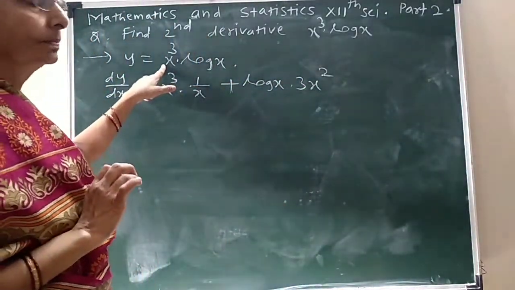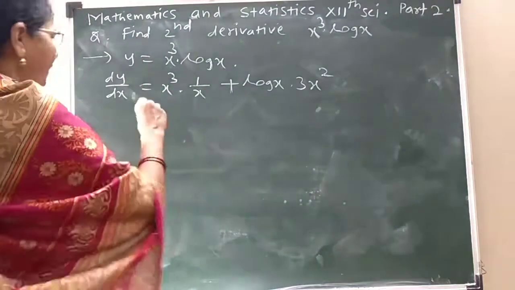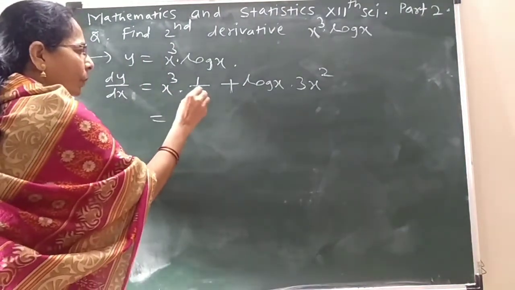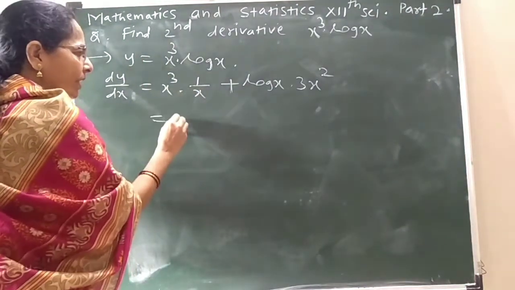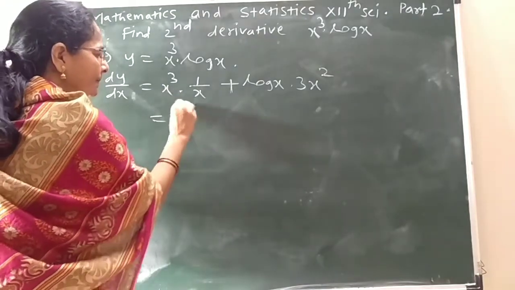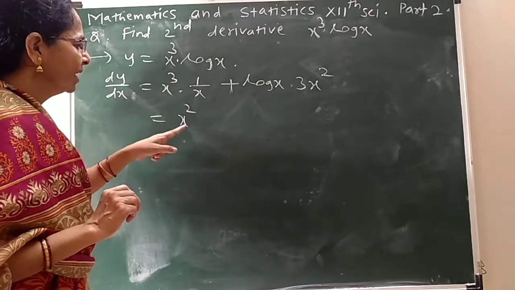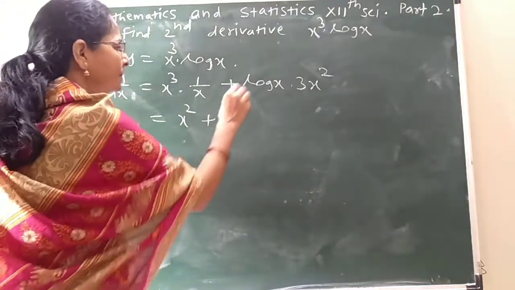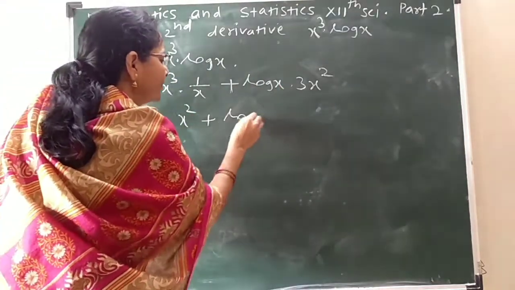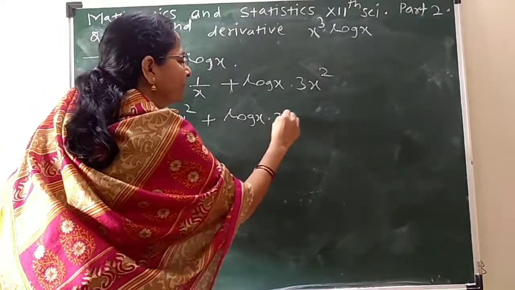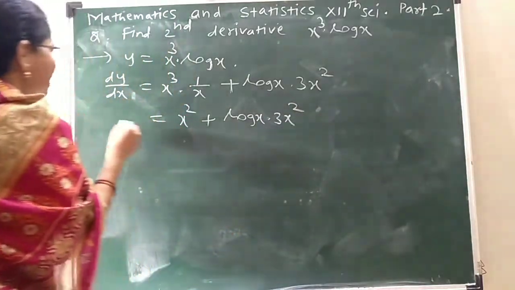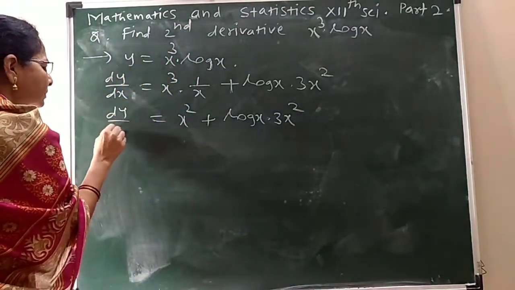The 1x cancels, so here is x square only, x square into 1 is x square, plus 3x square log x. This is dy by dx.